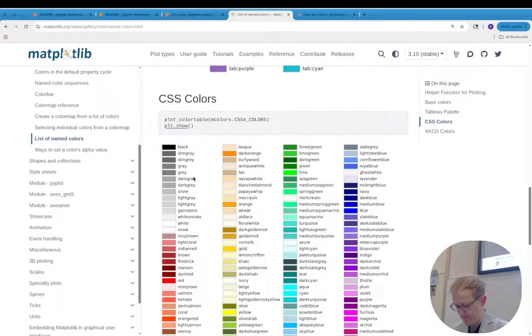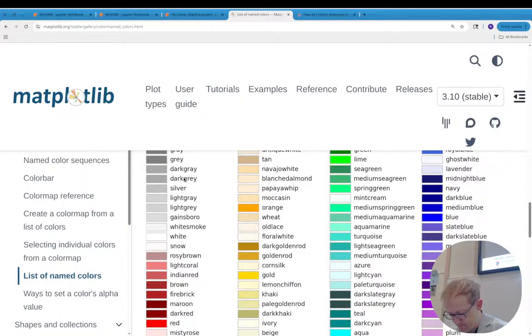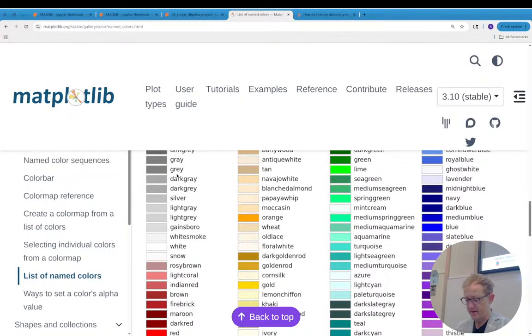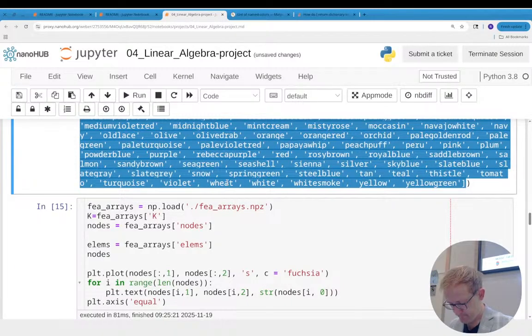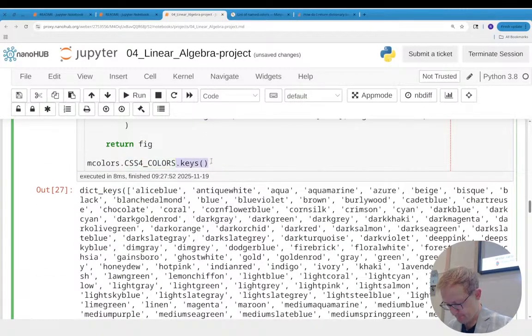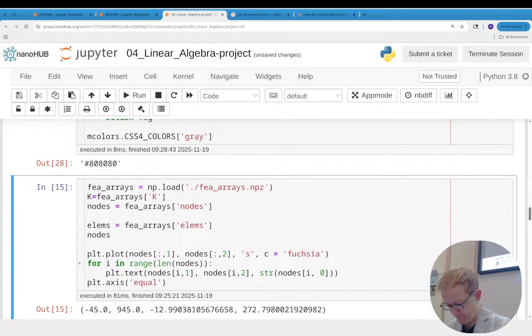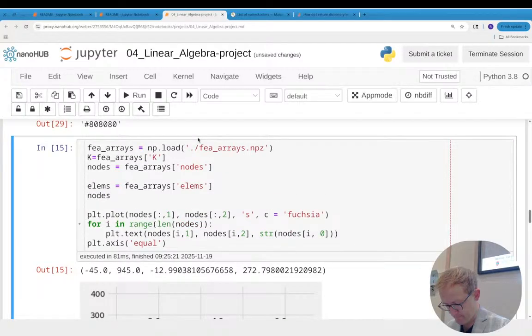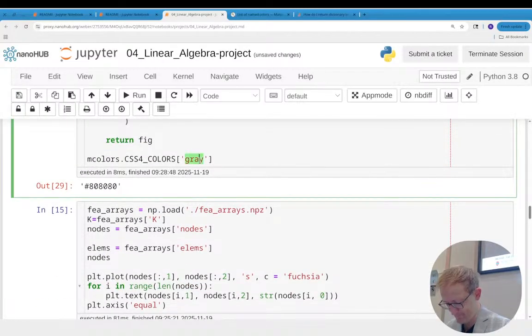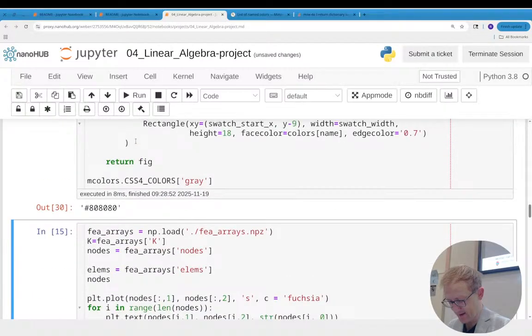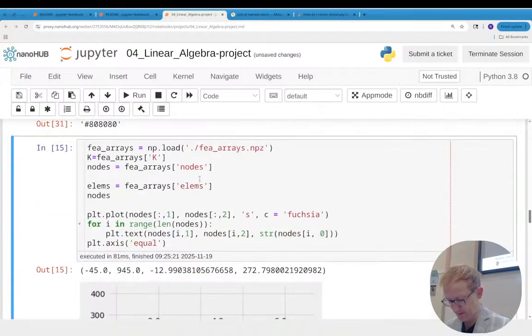Gray versus grey, they look like the same color to me. 80, 80, 80, and 80, 80, 80. I think it's just two different spellings of it.